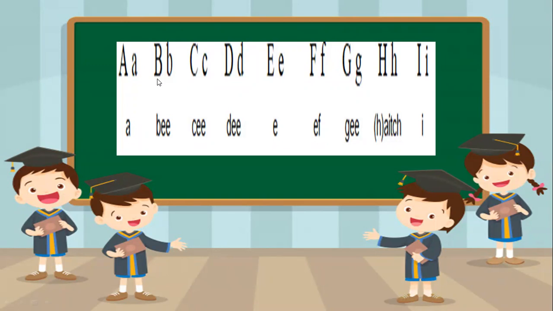A. B. Look here, B, and it sounds like B and double E. C. It sounds like C and double E. D. It sounds like D and double E. E. F. It sounds like F. G. It sounds like G and double E.